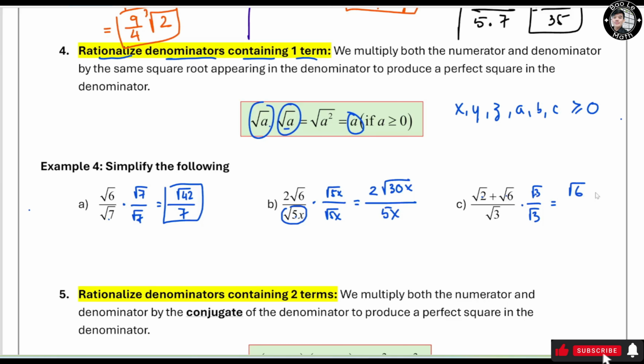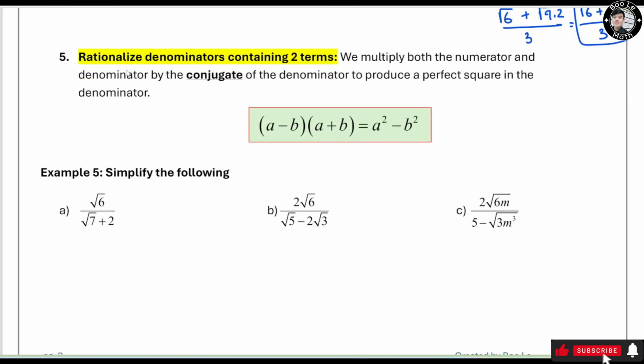Root 3 times root 6 is going to be root 18, right? Over root 3 times root 3 is going to be 3, right? Now if we want to simplify this one further, it's going to be root 6 plus root 9 times 2 over 3, right? Root 9 equals 3, so it will be root 6 plus 3 root 2 over 3.